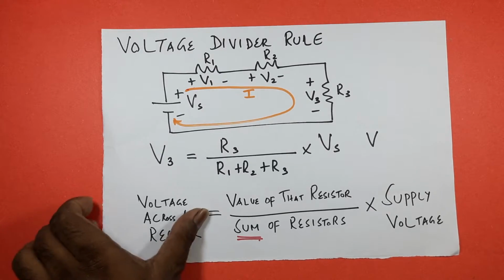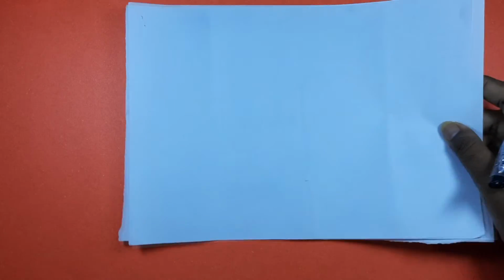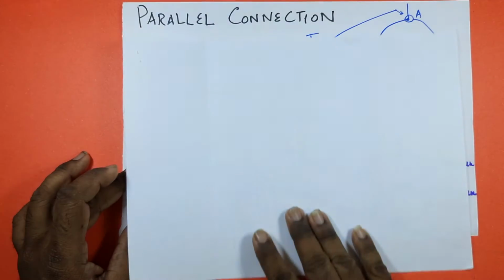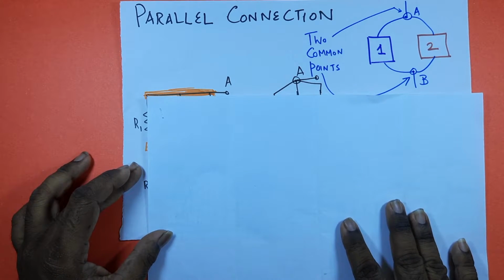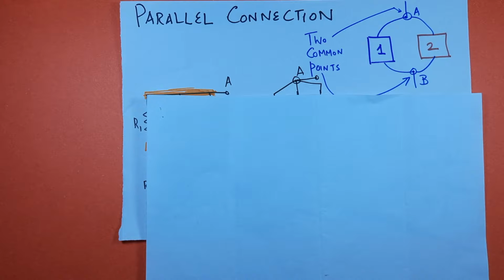Next we shall see what a parallel connection is. For that, consider two components: component 1 and component 2.